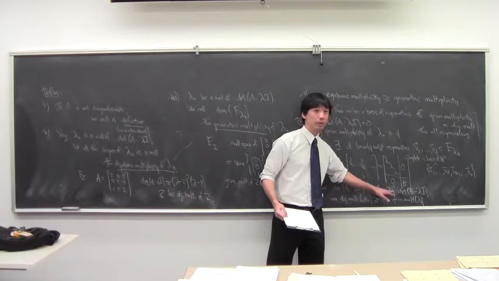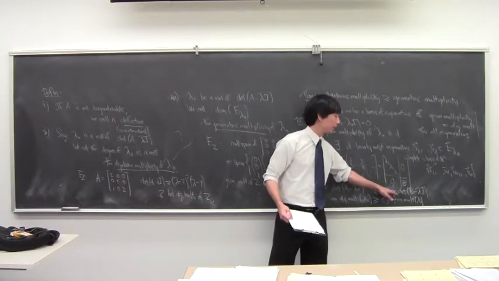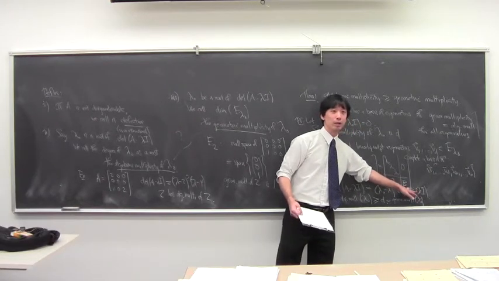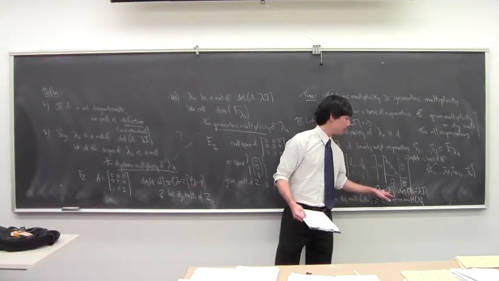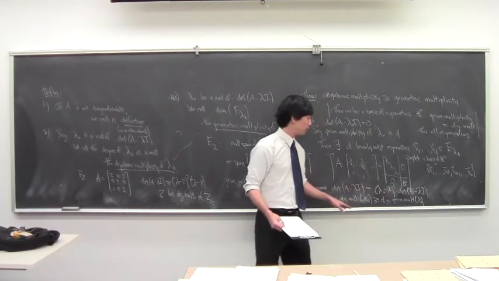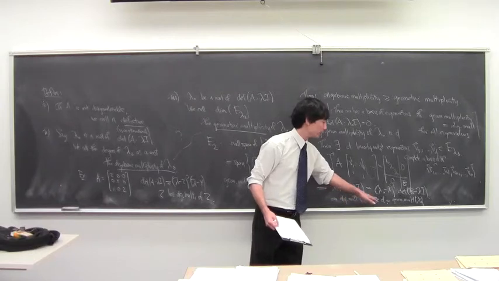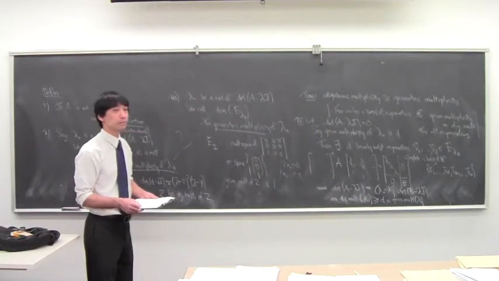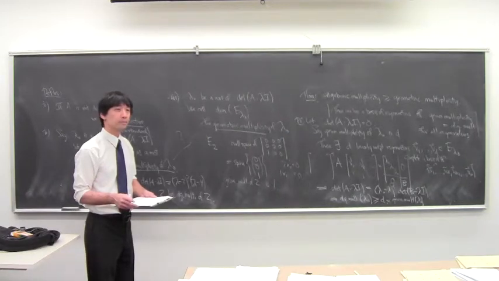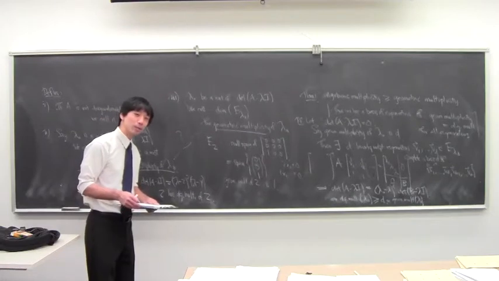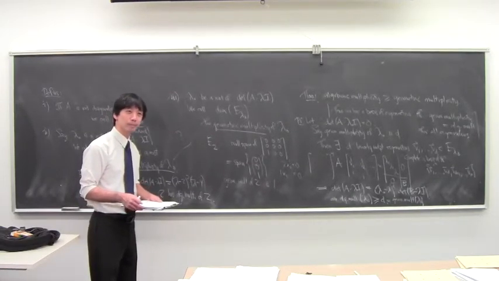This is a root of multiplicity d, and maybe higher. Who knows? Maybe in this thing you also get more powers of lambda naught minus lambda. But at least the power is d. So the algebraic multiplicity is going to be greater than or equal to d. Any questions about this?